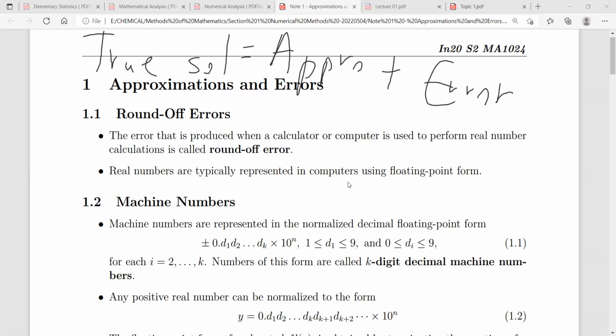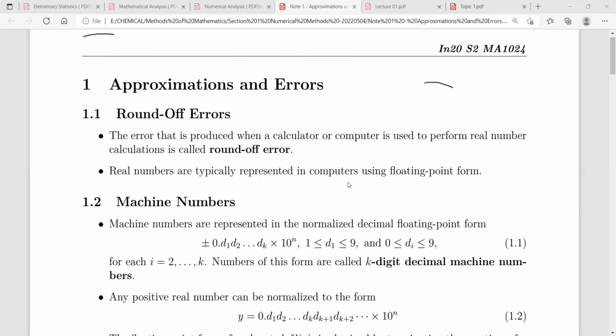Truncation error means, yeah, madam took some example, let's take the same one. Take the definition of f dash x. Let's say there is some function f(x).